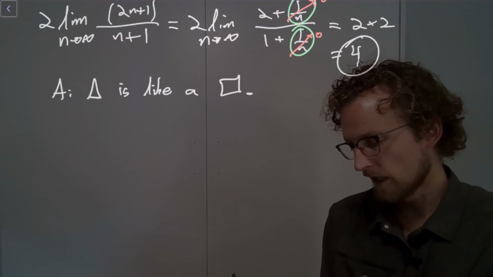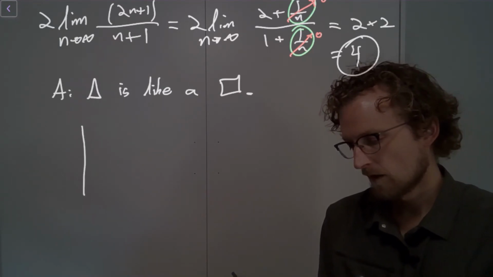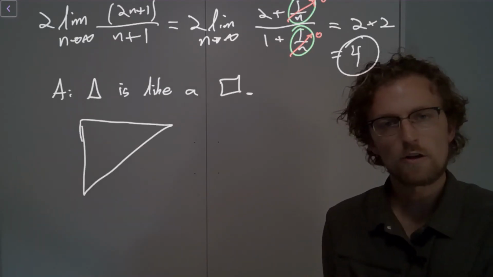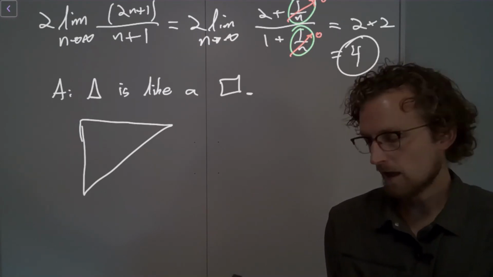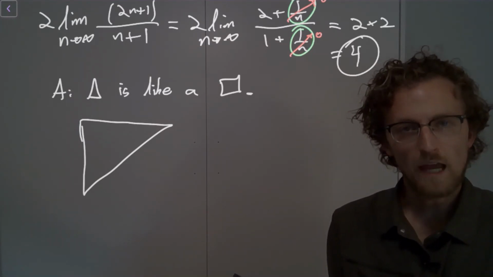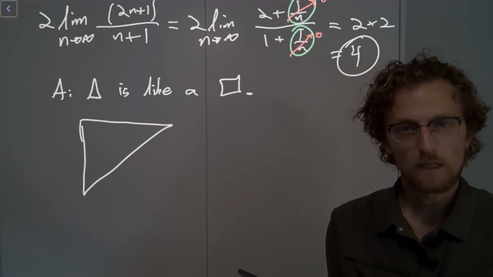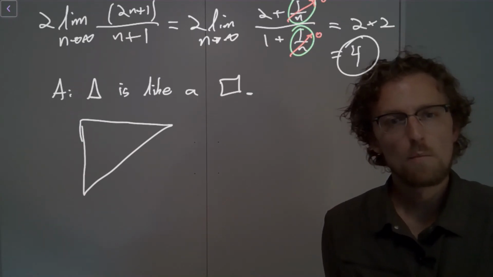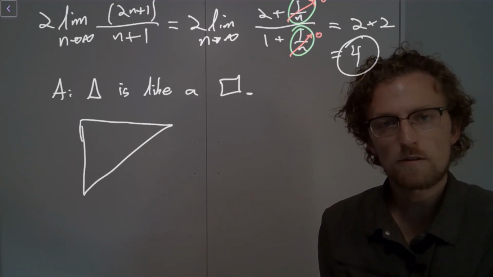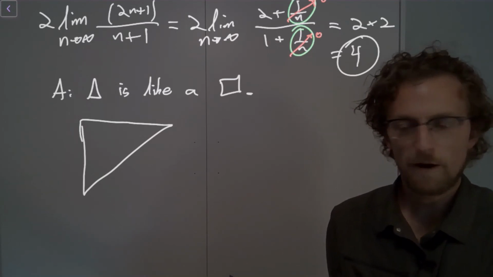So let's think about a triangle, right? There's our triangle, and it turns out that here is one way where you can think of it as being like a square, right? Both growing no faster than a square and growing no slower than a square.